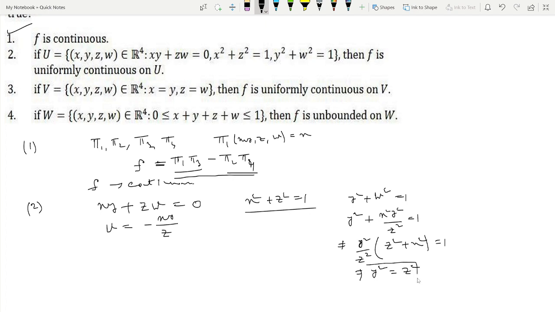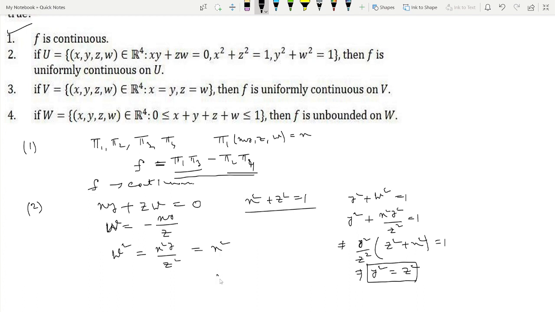So now we have this one condition. Also, squaring both sides, we have w square equal to x square y square by z square, and also putting y square equal to z square, we have x square.